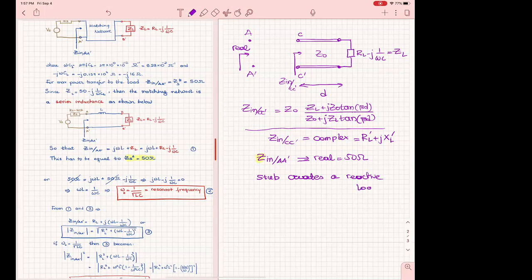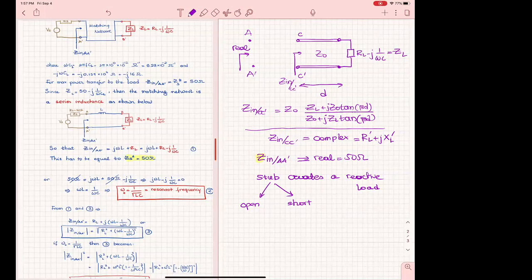And it can be open or short. Which one of the two you select depends a lot on the geometry of your transmission line. In some transmission lines, it's easy to make a short. In some other transmission lines, it is easier to make an open.